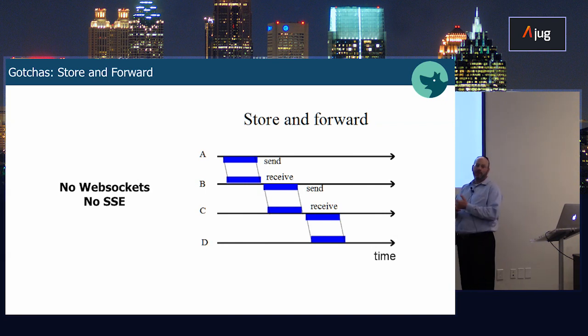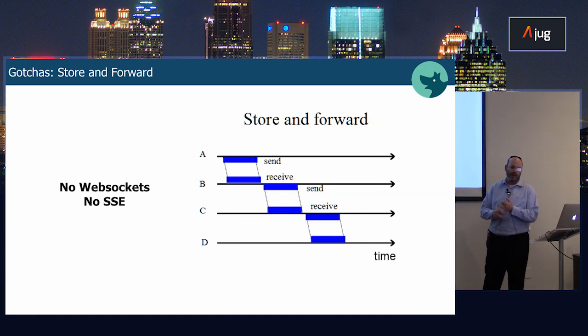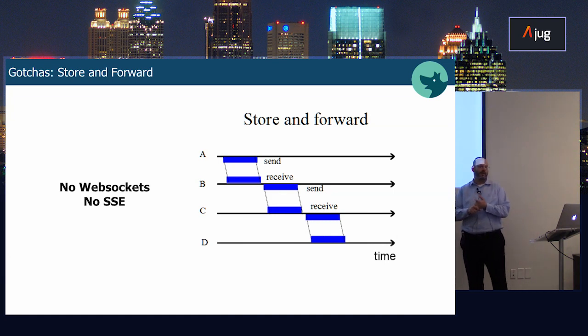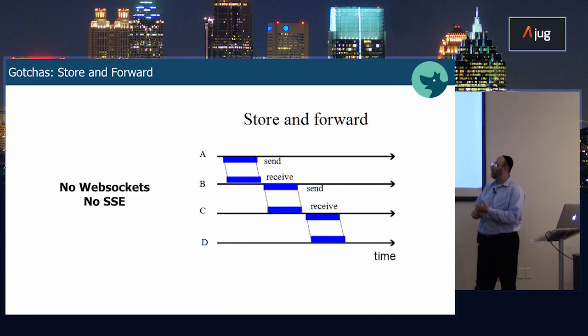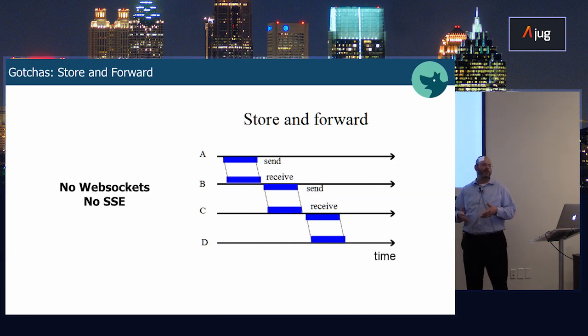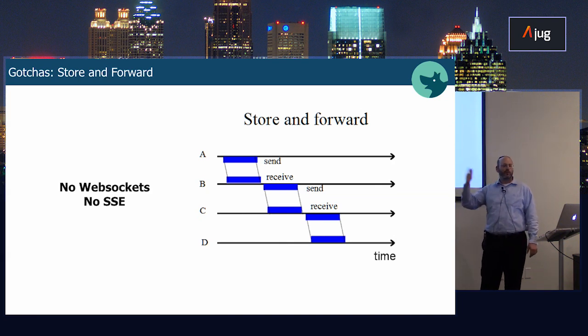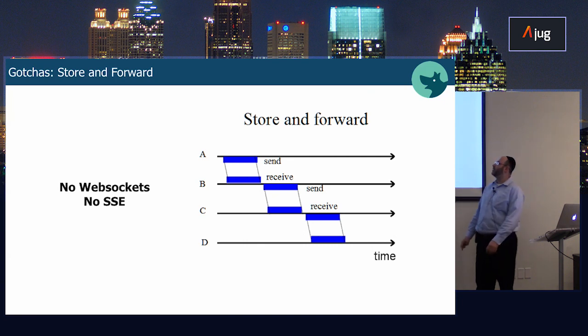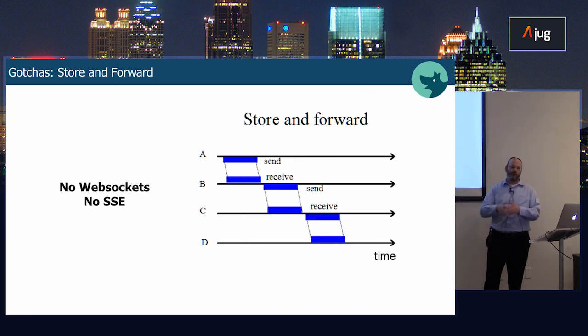Well, what you lose the ability to do is you can't use any WebSockets there, because WebSockets by definition is not store and forward. And also you cannot use server-sent events, SSE, which is a really handy way of handling, for example, bulk type of operations where responses come incrementally. That's not an option with AWS API Gateway, and there's really no workaround for that. You just have to live with the fact that it's store and forward. You don't have the option of creating a long poll.